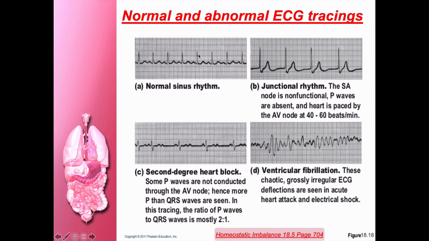So for this patient, 300 divided by 3.5, the heartbeat is 85 beats per minute.